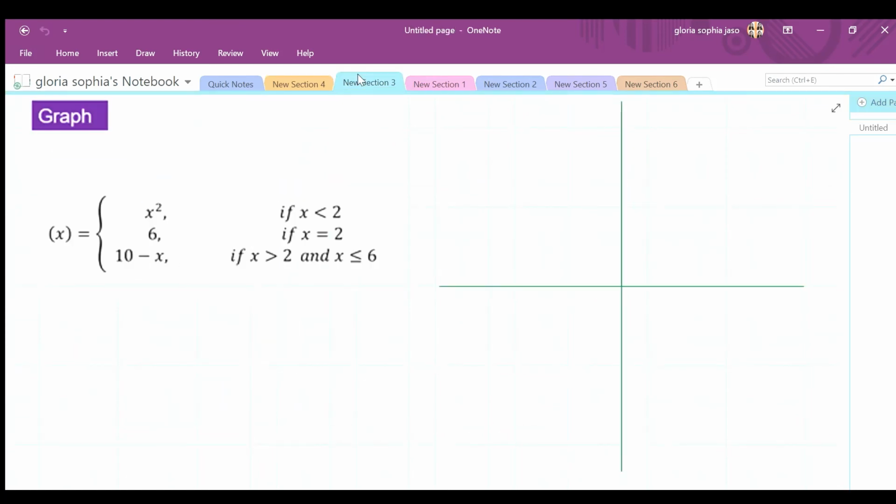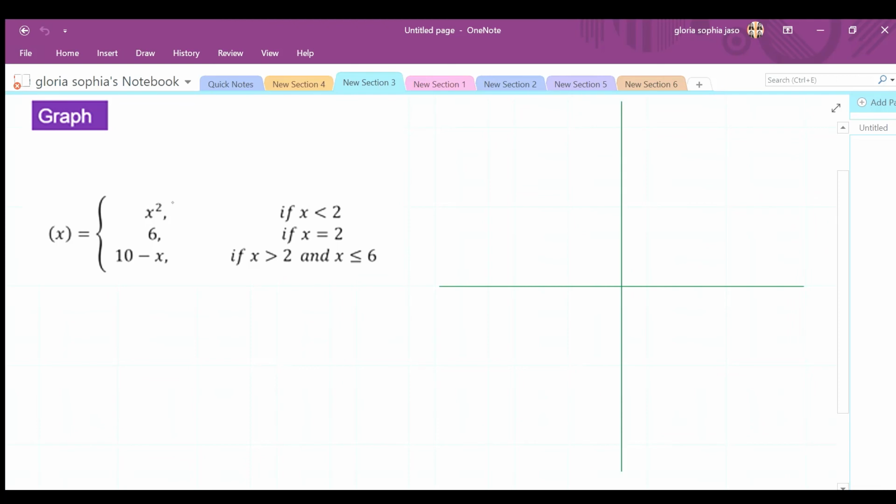Okay, let's have another one. Ayan. This one. So, we have 3 functions here. So, what's the first step? Determine what kind of graph na yung ano natin.